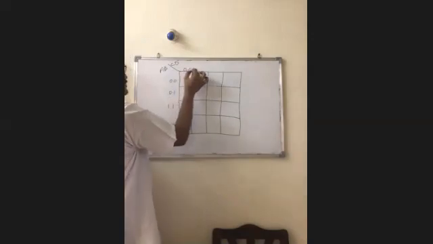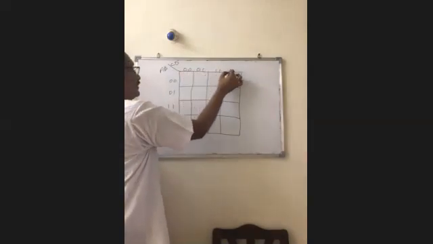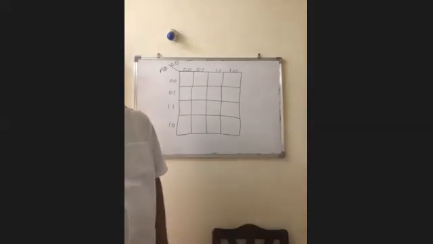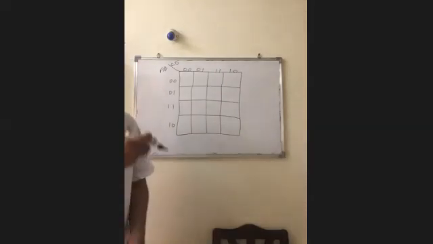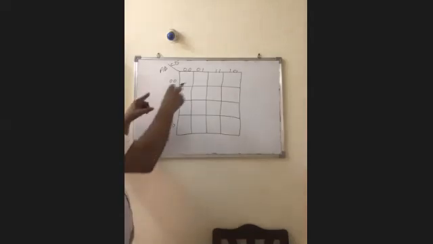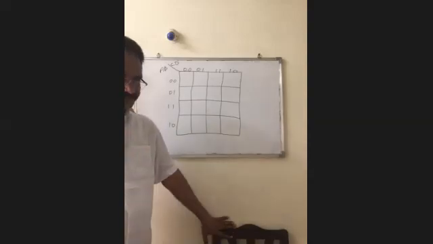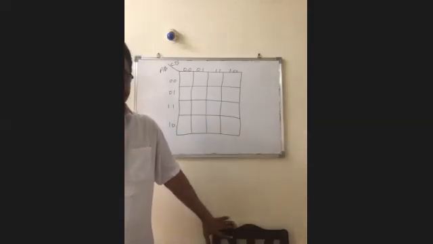For the columns also 0 0, 0 1, 1 1, 1 0. First draw the 4 variable K-map up to this part. There are 16 cells or squares.